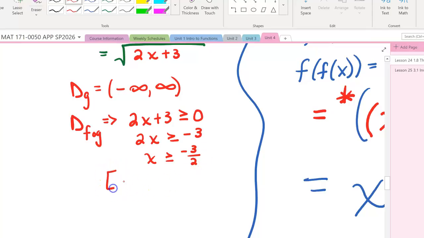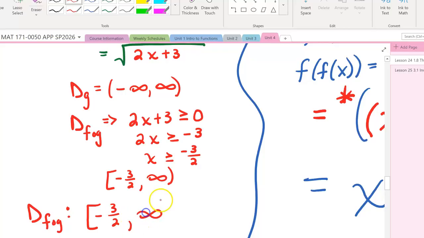So the domain would be from negative 3/2 to infinity. So the domain of the composed function actually turns out to be, if we find the intersection of all real numbers and this limited domain, the limited domain. So the domain of the composed function would be negative 3/2 to infinity.